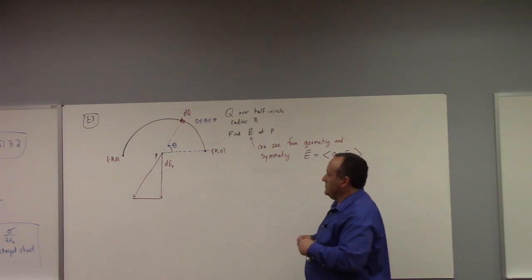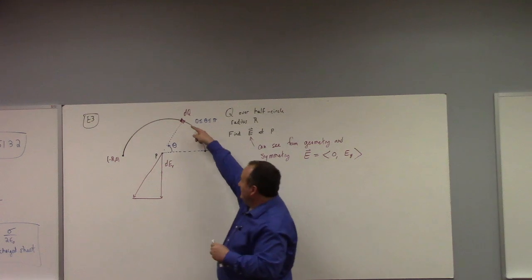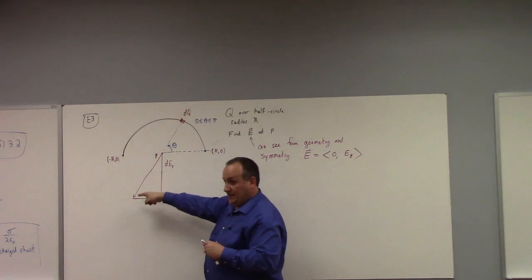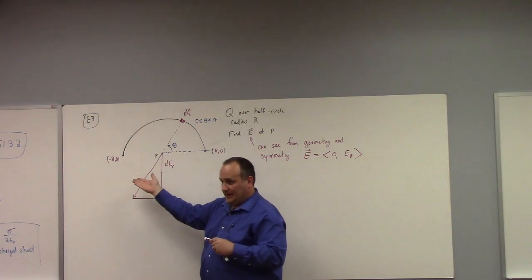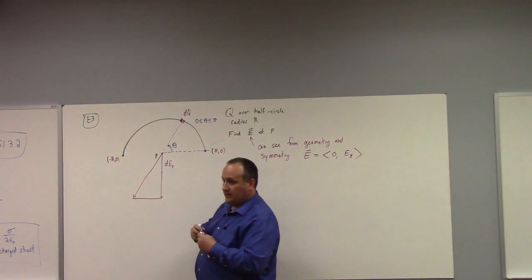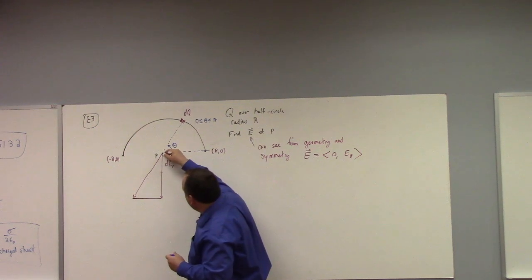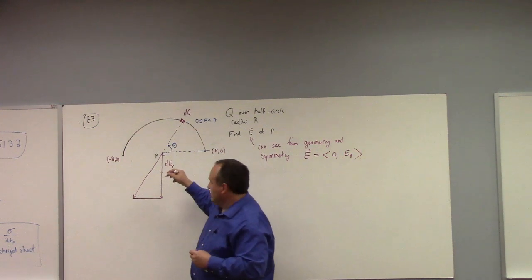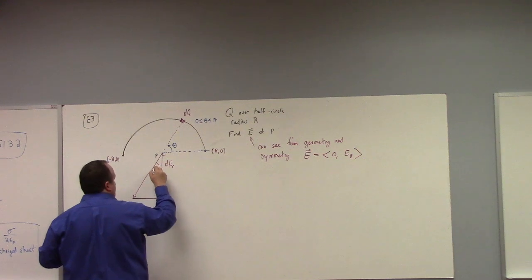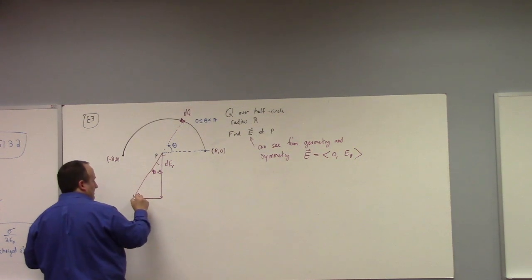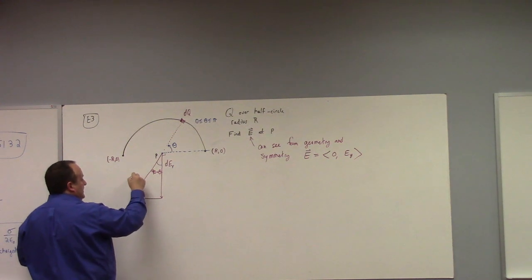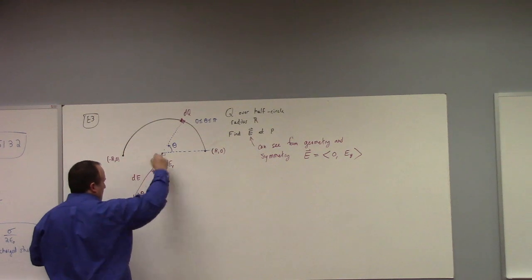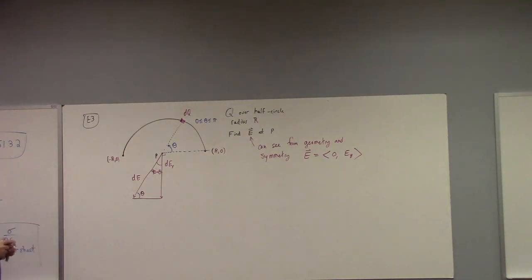Yeah, exactly. This line here is a line, so the sum of these angles has to be 180. This is 90, so it has to be complementary to theta. That makes this 90 minus theta. What does that make this down here? That makes that theta. Now dE is the magnitude, the length of the triangle here.